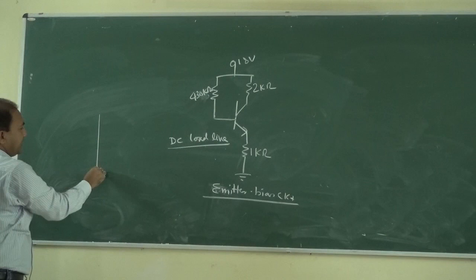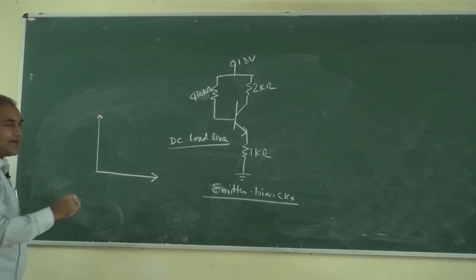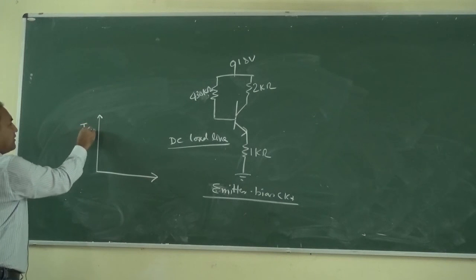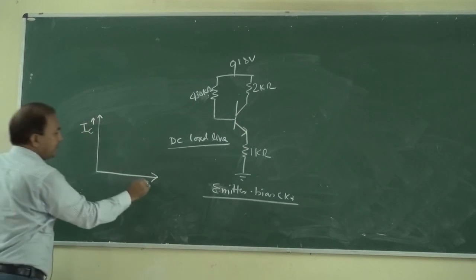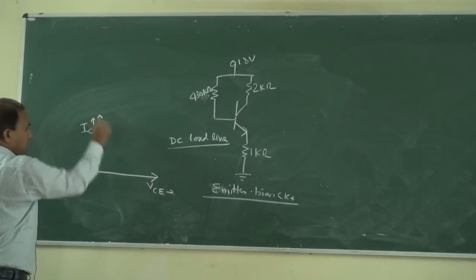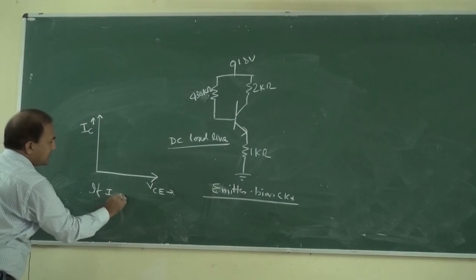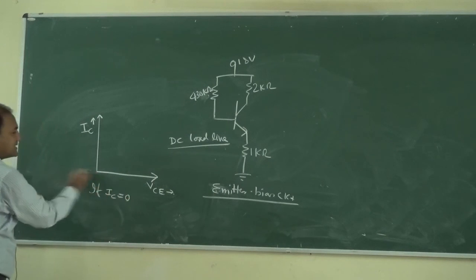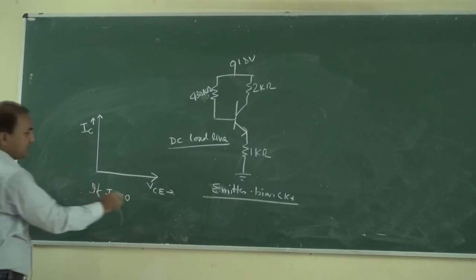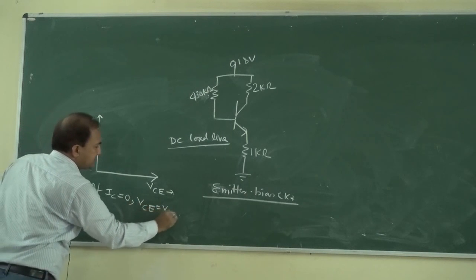In order to plot it for this circuit, we have to determine the value of IC and the value of VCE. If IC is equal to 0 on this axis, then VCE is equal to VCC.